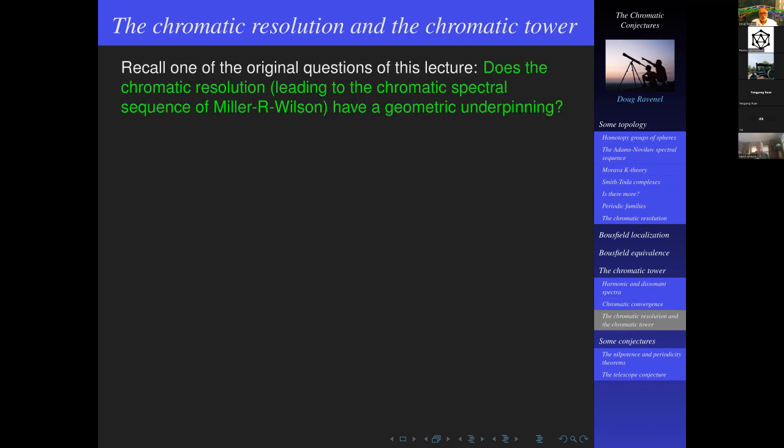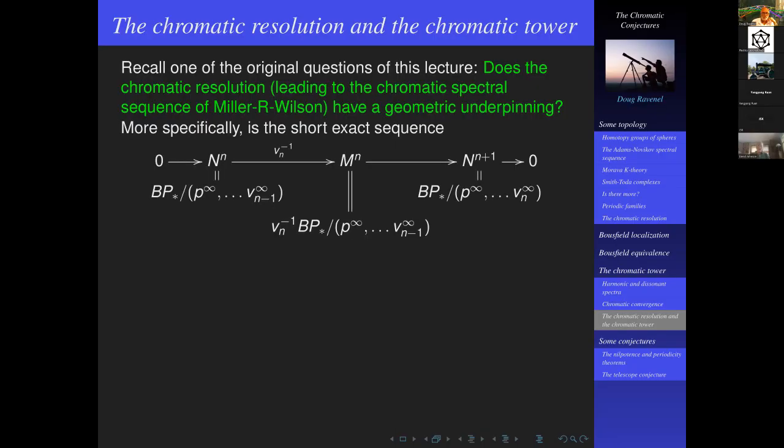Now, one of the original questions in this lecture was, does the chromatic resolution leading to the chromatic spectral sequence of Miller, Ravenel, Wilson have a geometric underpinning? That was the question. More specifically, is the short exact sequence that looks like this the BP homology of a cofiber sequence?